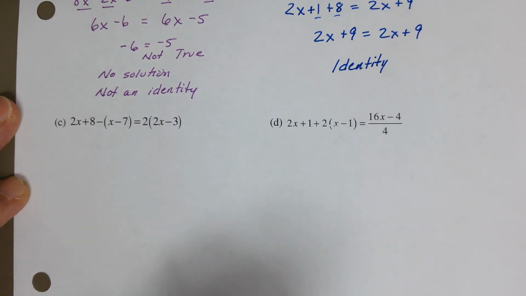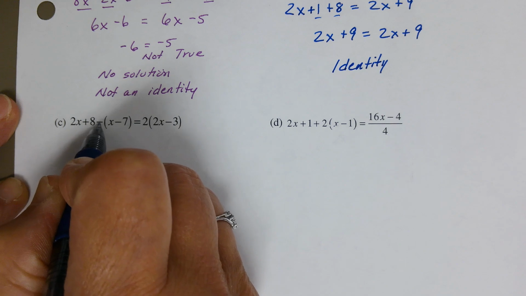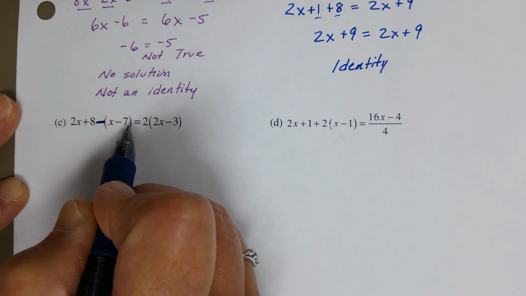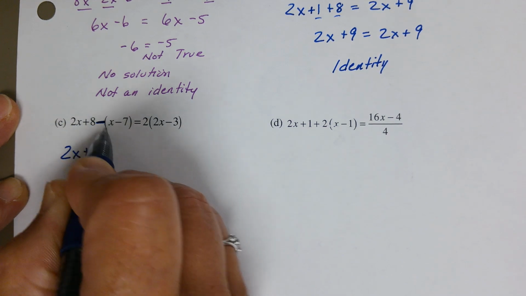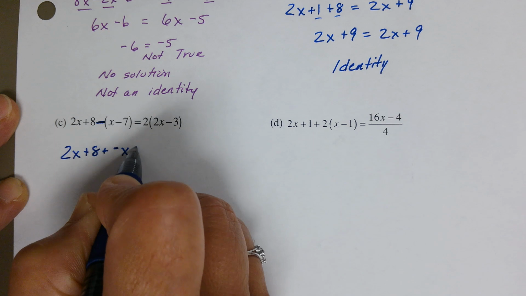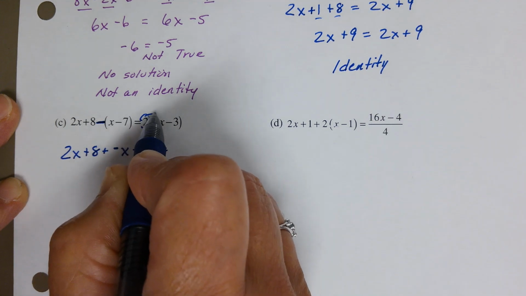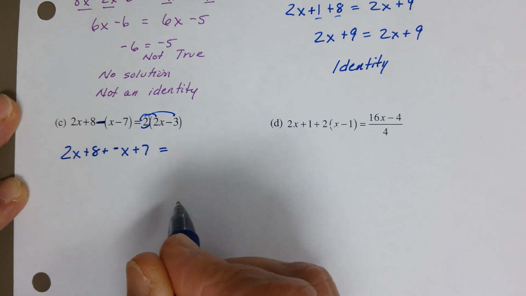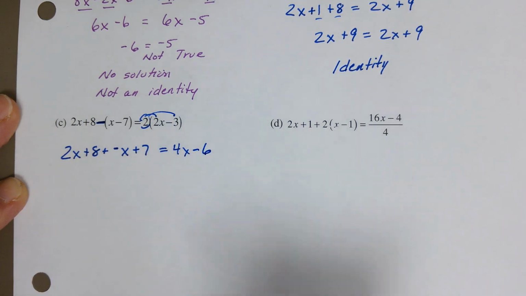C, looking at the left-hand side, the subtraction out in front means we change the sign of everything inside, which is the same as changing to addition and changing sign, so negative x plus 7. On the right-hand side, distribute the 2. 2 times 2x is 4x, and 2 times negative 3 is negative 6.